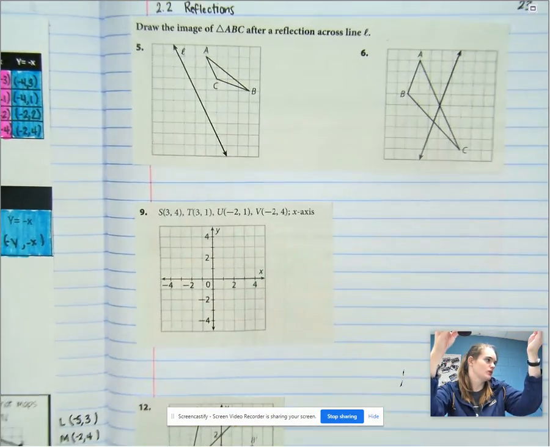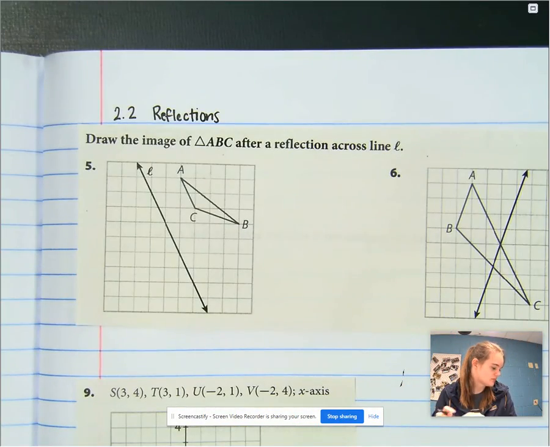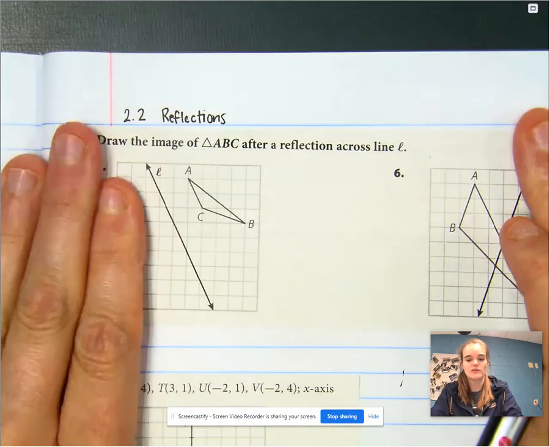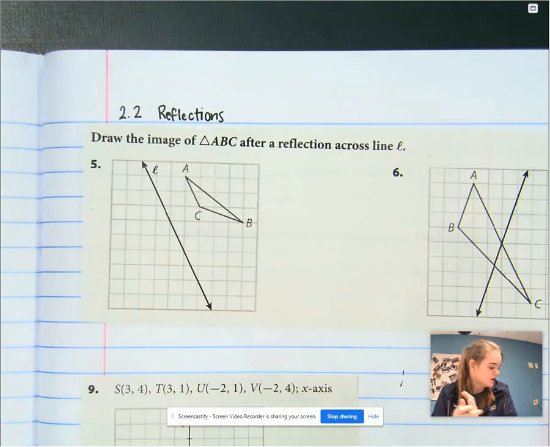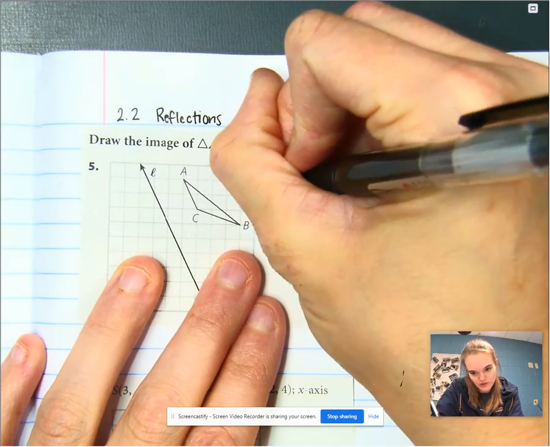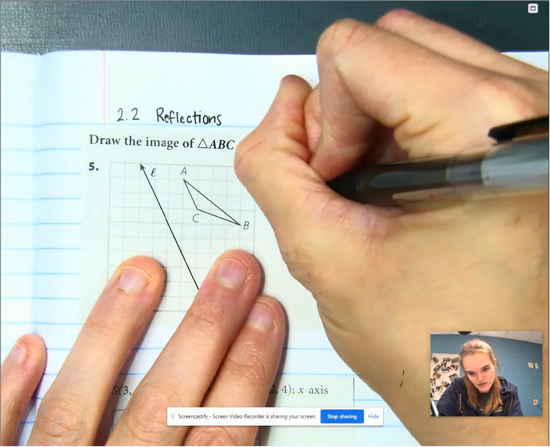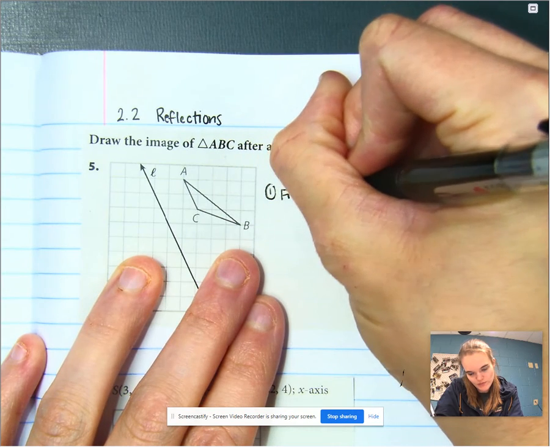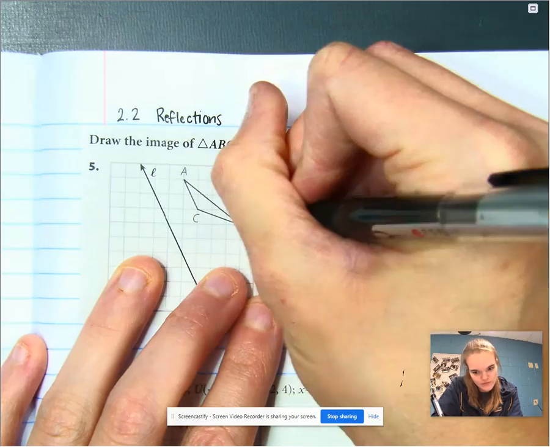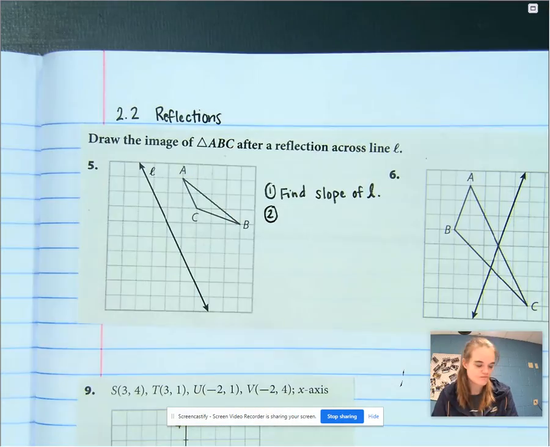All right, so let's look at example 5 and 6. This is where, since these are not actually on a coordinate plane at all, we are going to have to reflect across these lines, okay? In order to do that, I'm going to write down some steps. We are first going to find the slope of L, okay?